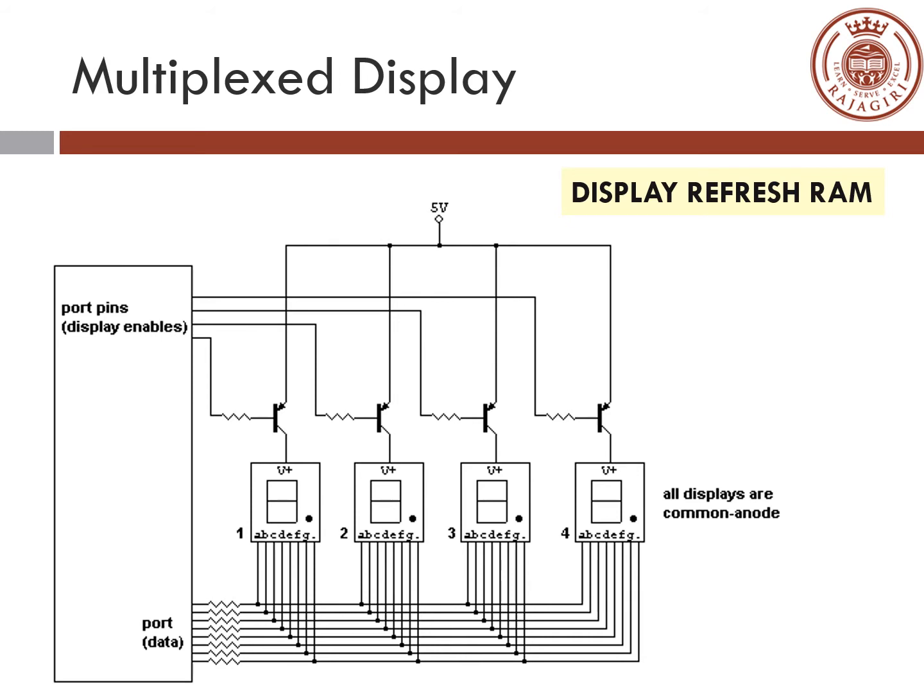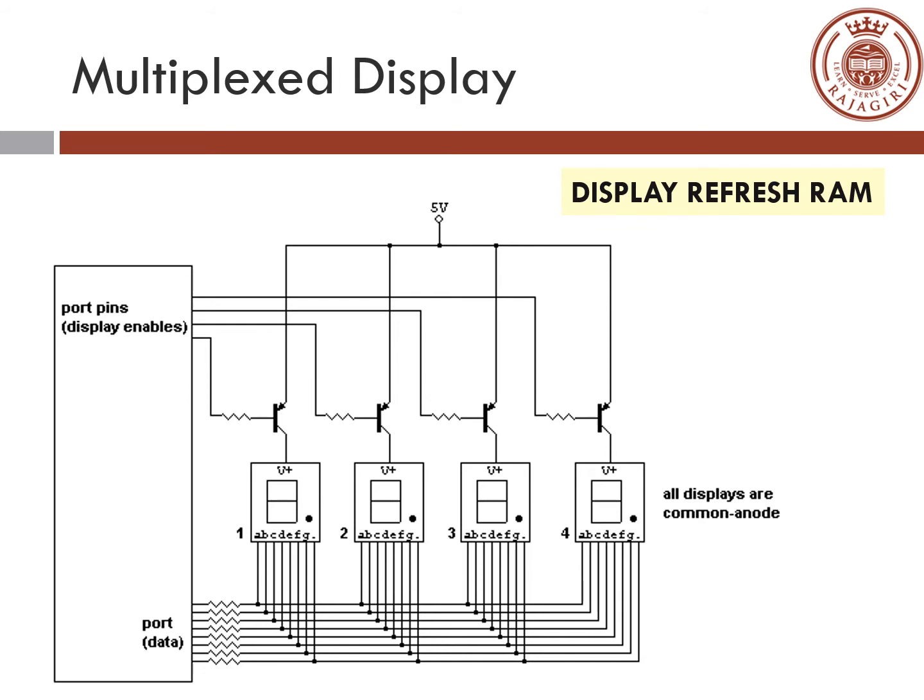The I/O port on the upper side would send out the required value to turn on the transistors which are used to connect the common anodes to the LEDs. So these LED displays are turned on sequentially one after the other, or they are multiplexed.